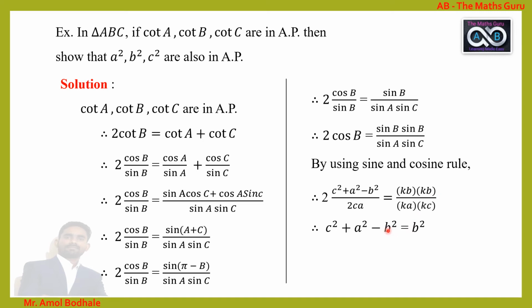If we take minus b square on this side, we will get c square plus a square is equal to 2b square, and from this we can conclude that 2 times b square is the sum of a square and c square. That means the terms a square, b square and c square are in arithmetic progression. Hence we proved that a square, b square, c square are in AP.